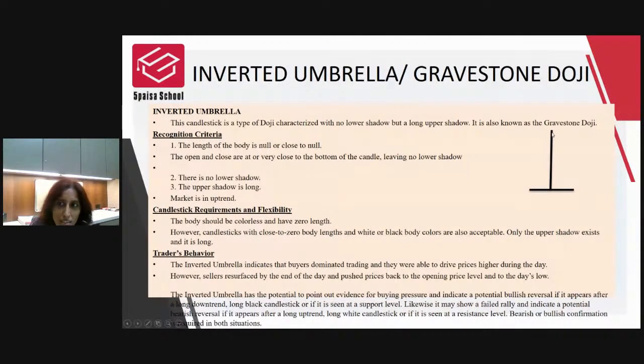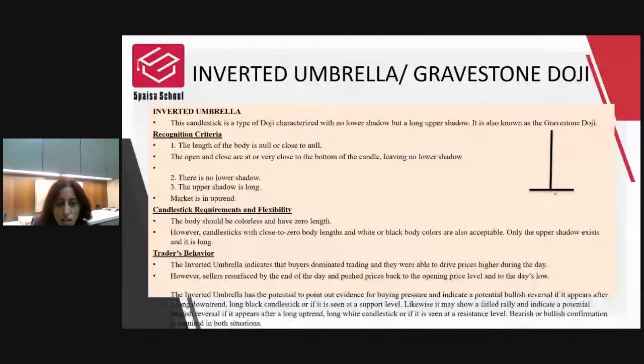The buyers dominated the market. They could pull the market to a very high level on that particular day. However, the sellers resurfaced by the end of the day and pushed prices back to the opening price level.